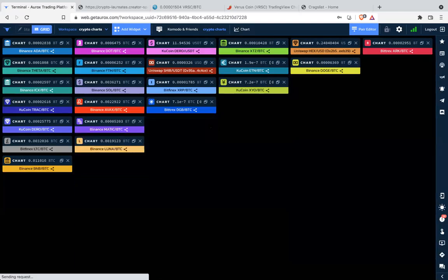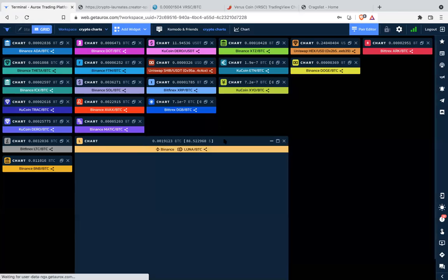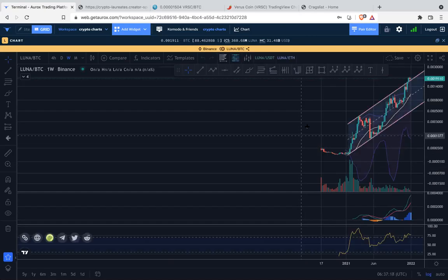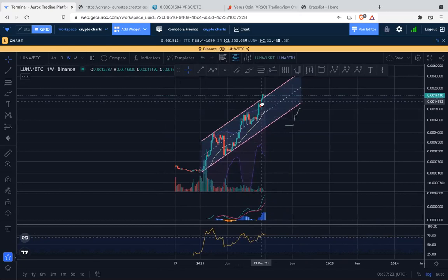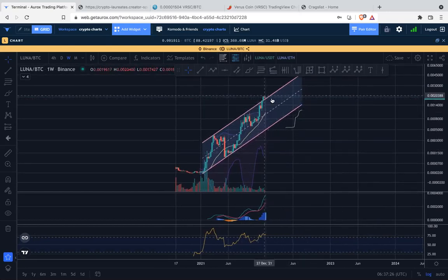Next and last but not least, we're going to look at the Luna BTC, another one of those just rock roaring price charts. This one is getting above the channel. But having said that, how's it going to close?